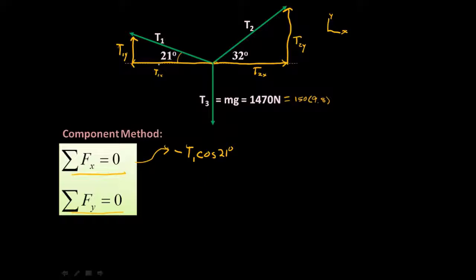I have the hypotenuse. I want the adjacent. Okay. That'll give us this component. That's T1x right there with the appropriate minus sign. Plus T2x, which is going to be T2 again times the cosine, but this time of 32 degrees.